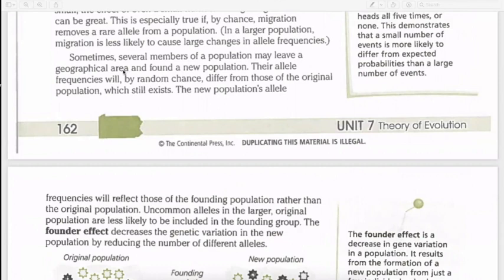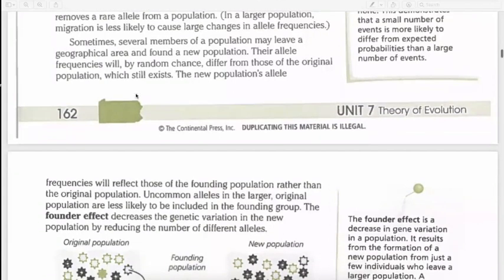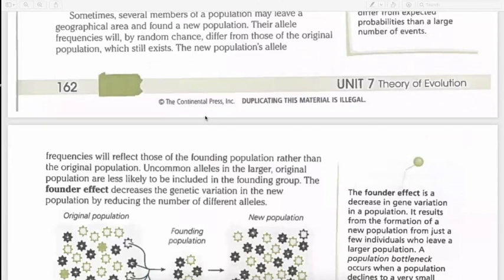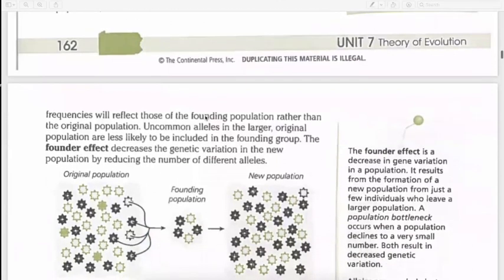I think I read this wrong. Yeah, sometimes several members of a population may leave a geographic area and found a new population, right? Their allele frequencies will, by random chance, differ from those of the original population, which still exists. The new population's allele frequencies will reflect those of the founding population rather than the original population.